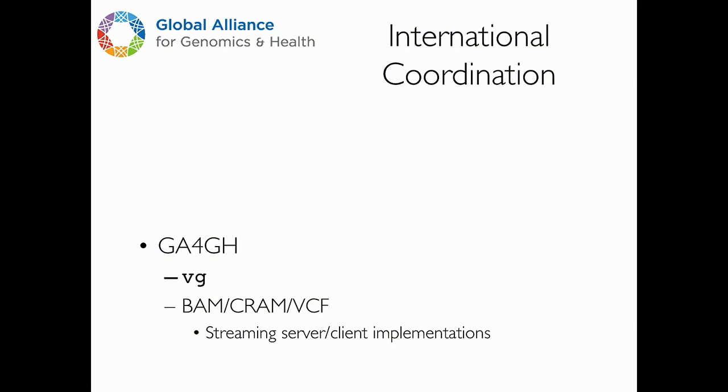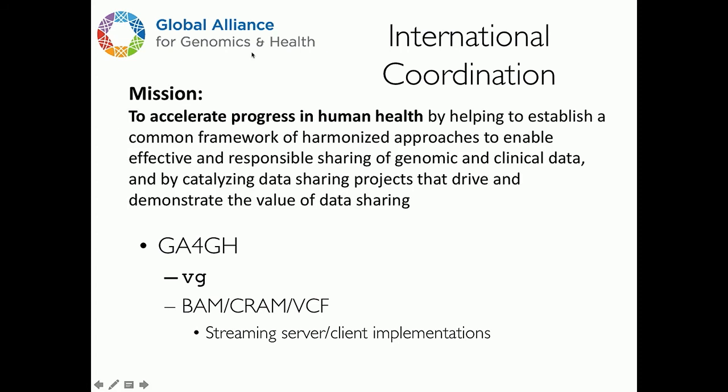I wanted to, what's this? I see. This is the Global Alliance. I think, give a quick plug. The VG project is sitting within the Global Alliance coordination. Now BAM, CRAM, and VCF are also there. There's a strong effort to provide a streaming server client implementation so that one can access things through web interfaces remotely, more cleanly.